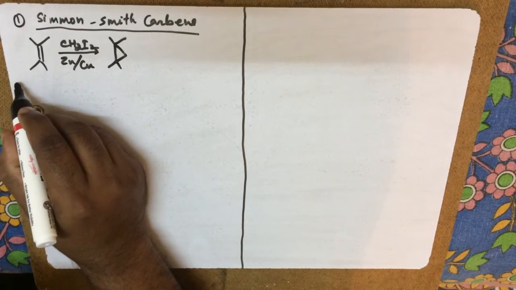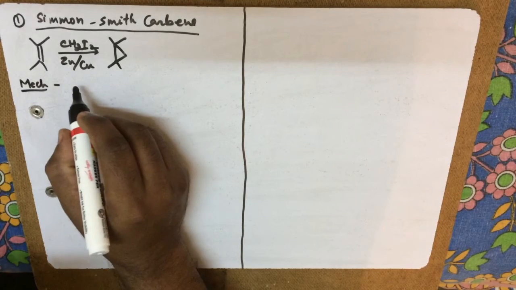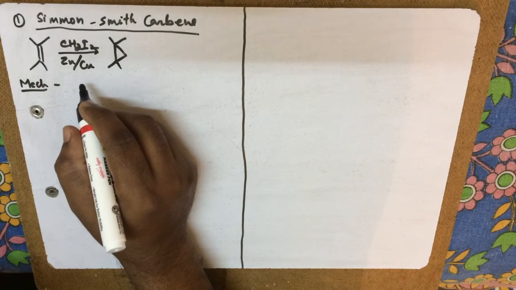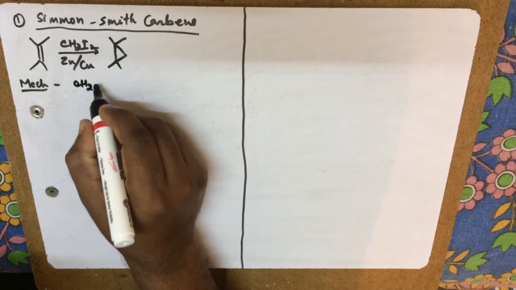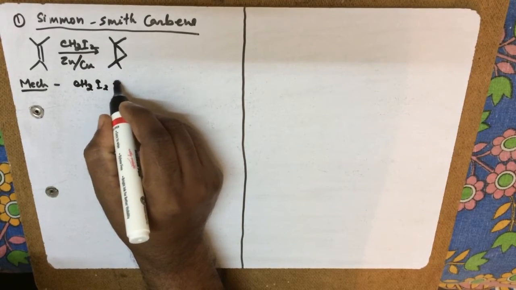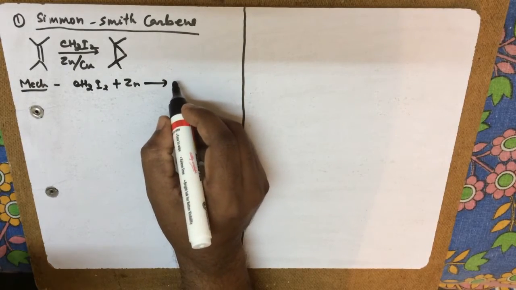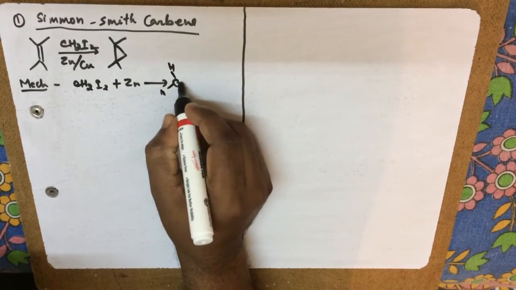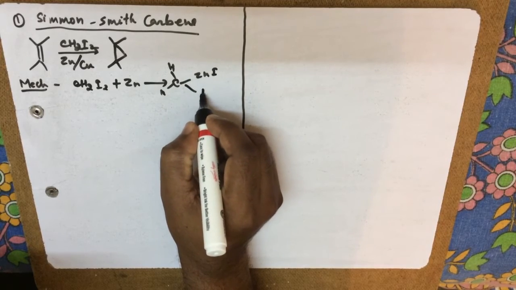So if you see the mechanism, first we have to form singlet carbene. So CH2I2 reacts with the zinc, it forms zinc iodide and iodine.